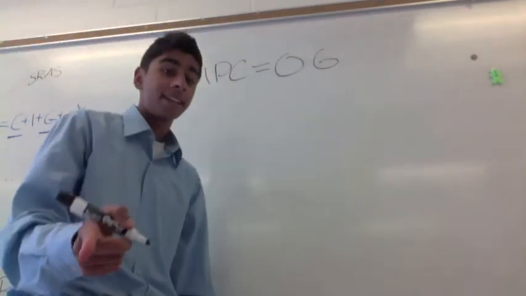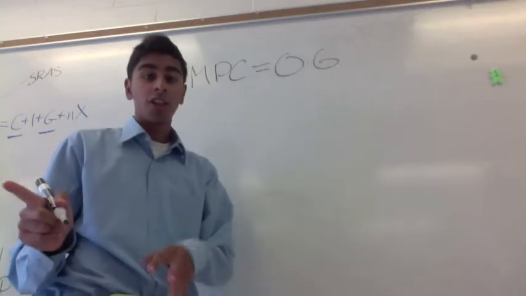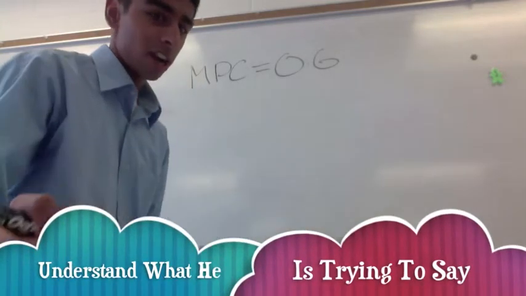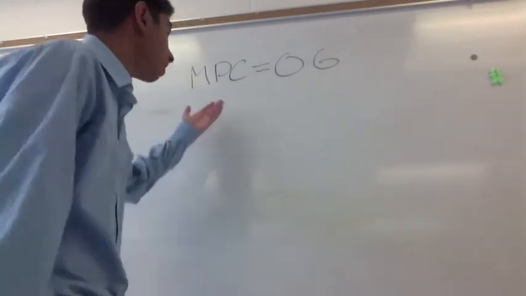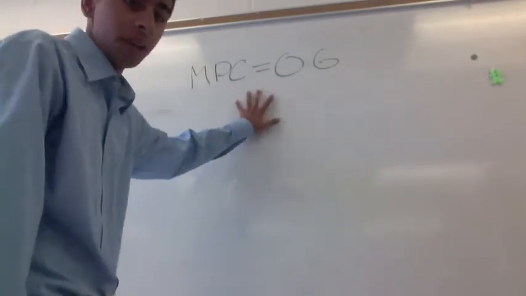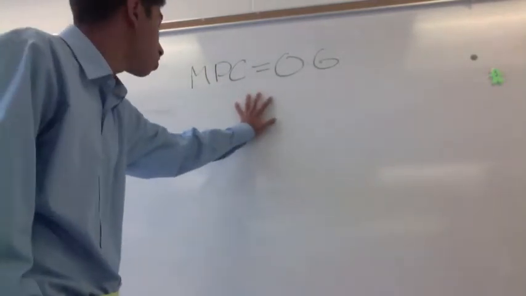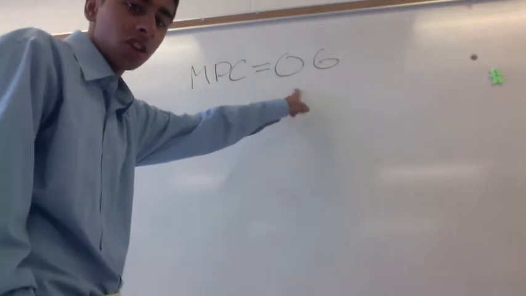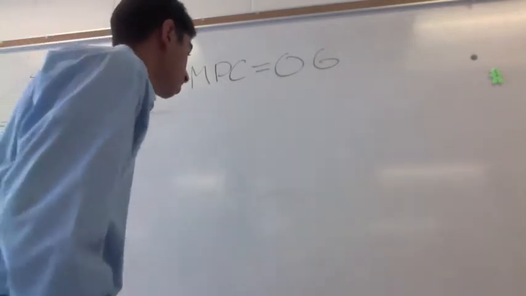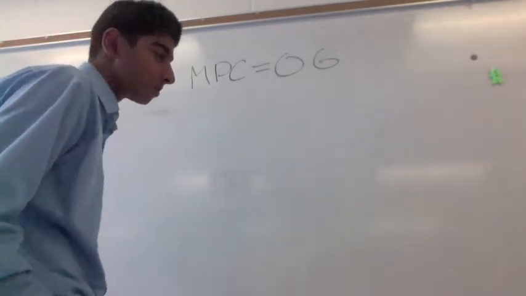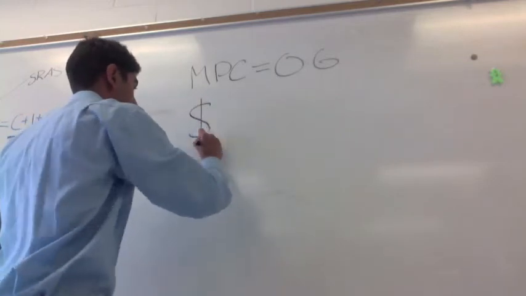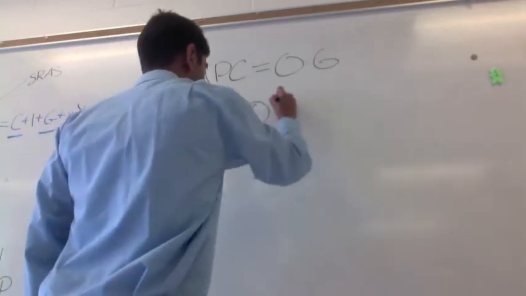So here's my example, just to make sure that you guys understand what I'm trying to say. Suppose that we have an economy with a marginal propensity to consume of 0.6. Now suppose the government increases spending by $400.